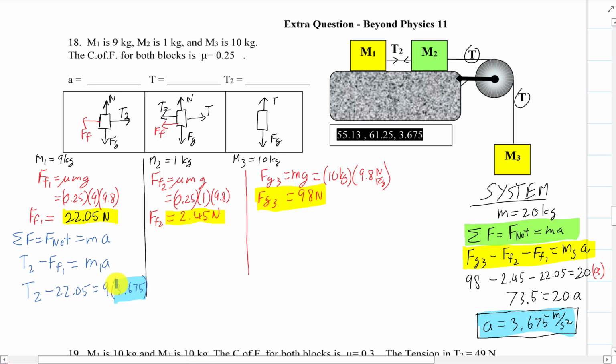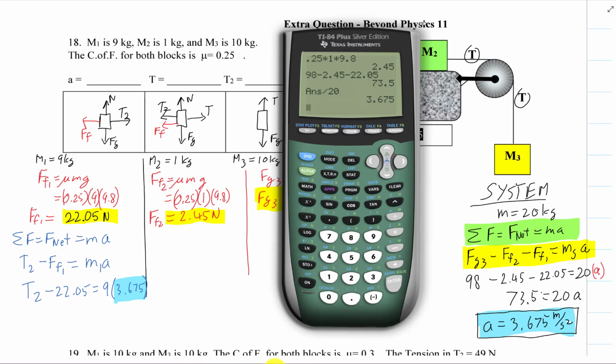So it's on the calculator still. Let's multiply that by 9 and add 22.05. And that'll be the tension. Tension 2 is going to equal 55.125 newtons.